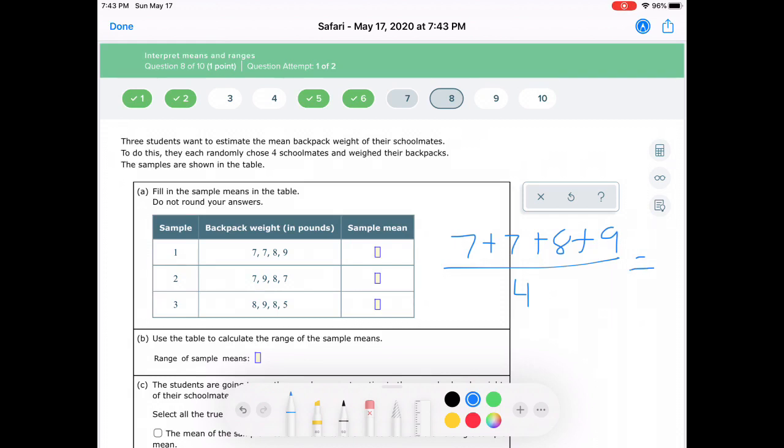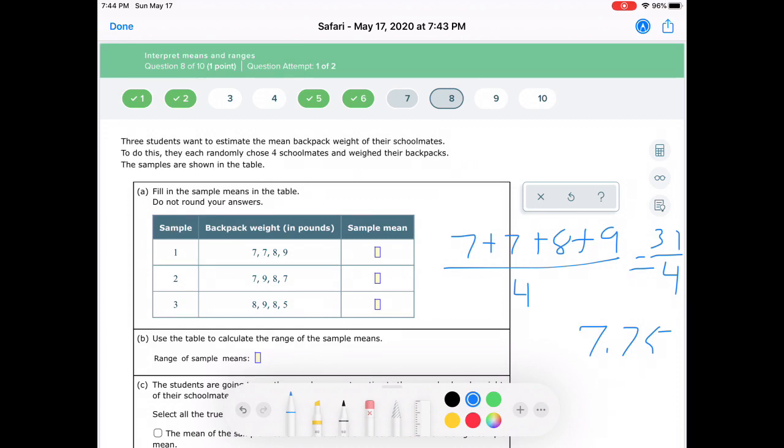So that's going to give us 31 divided by 4, and that is 7.75 for the first one. Number 2, they actually have the same exact numbers, just in different orders. So it's still 7, 7, 8, and 9. So that's also going to add up to 31 and give us an average of 7.75.